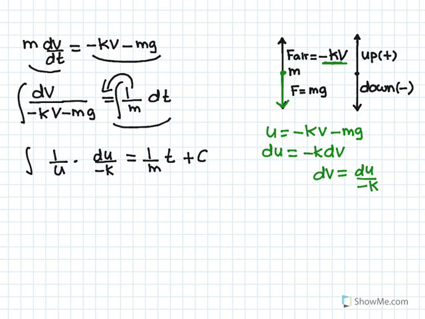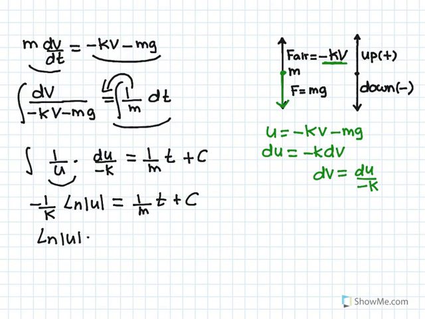Okay, so now we get negative 1 over k. And what is the antiderivative of 1 over u? The integral of 1 over u is going to be log of the absolute value of u, which is equal to 1 over m times t plus c. All right, so now let's multiply both sides by negative k, and we get log of u is equal to minus k over m times t minus ck.